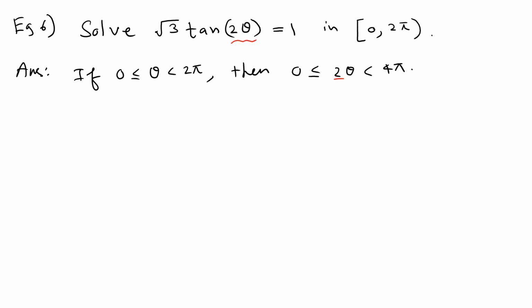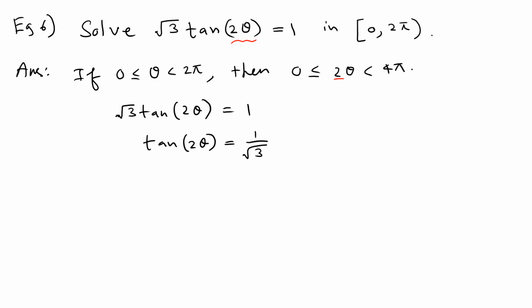So we just do this as before. We have square root 3 tan 2 theta equals 1, so tan 2 theta equals 1 over square root 3. This is like a regular problem for 2 theta.